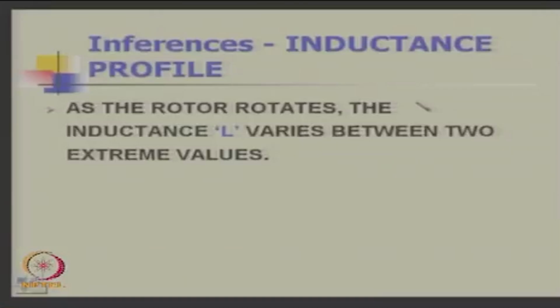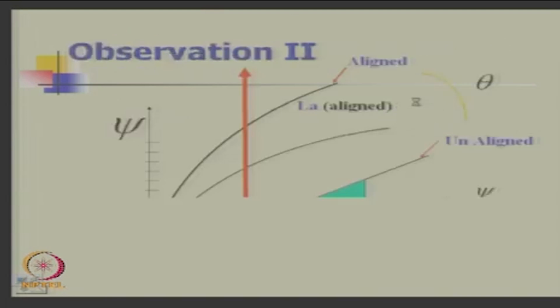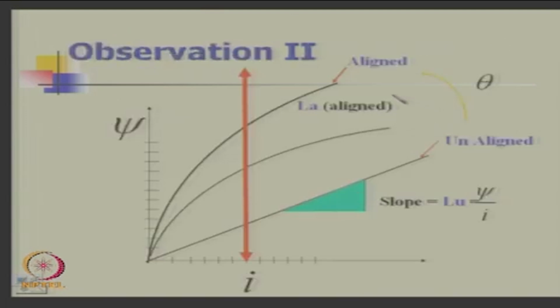So, you find that this is L unaligned, this is aligned. Now the inductance will be the slope of this aligned and this in between, is it clear?